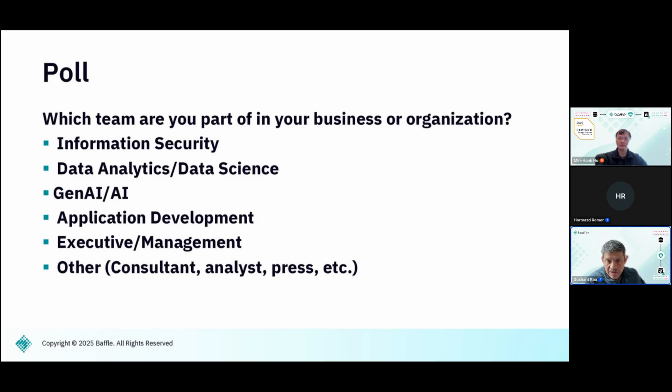We'll give it 30 seconds for people to vote. Let's see how the poll is running. It looks like we're running a little bit heavy toward information security. Next up is data analytics and then consultants. And lastly, app dev. Let's do a 10-second countdown. 10, 9, 8, 7, 6, 5, 4.